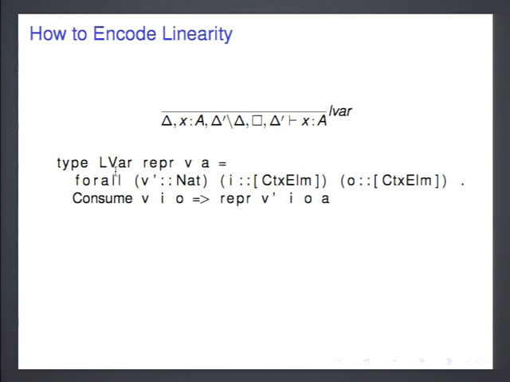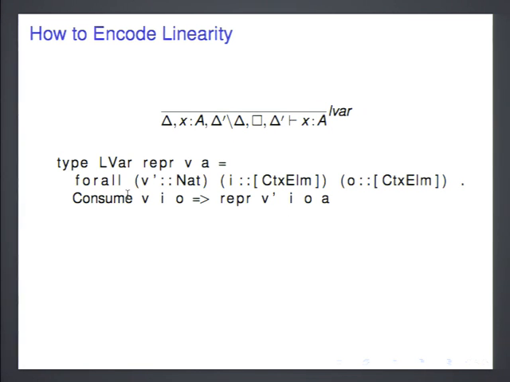We can have a type for linear variables, and it basically says you have a term of type A if this constraint holds on the input and output context, which is to say, if you consume a V from the input context and you get output context O, right? So hopefully this will become clear.